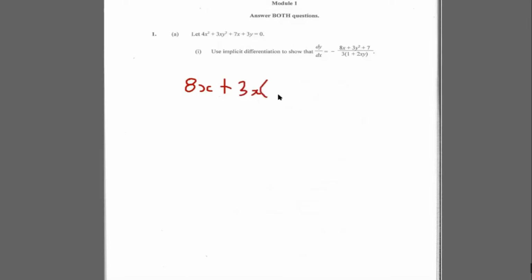When we differentiate y², we get 2y times dy/dx, which is y prime, plus we keep the second, which is y², times the derivative of the first. The derivative of 3x is 3. Plus, when you differentiate 7x, you get 7. Plus, when you differentiate 3y, you get 3 dy/dx, or you can call it y prime. And now that is equal to 0.